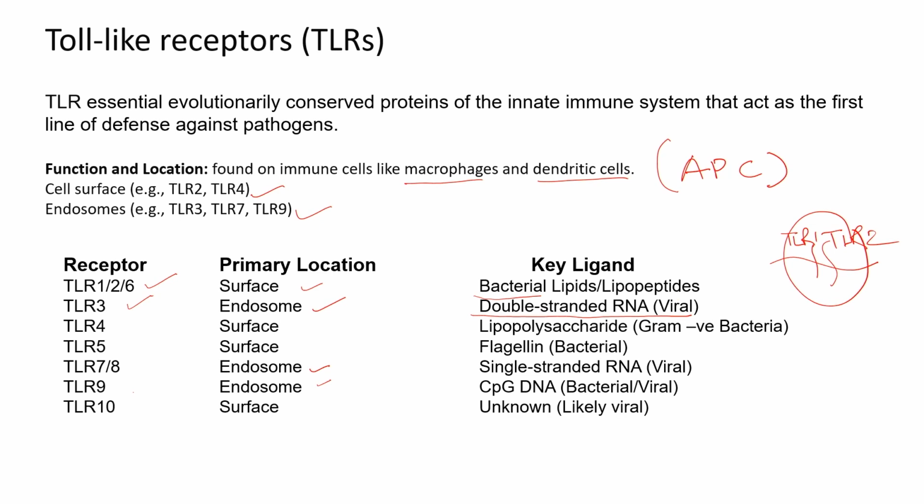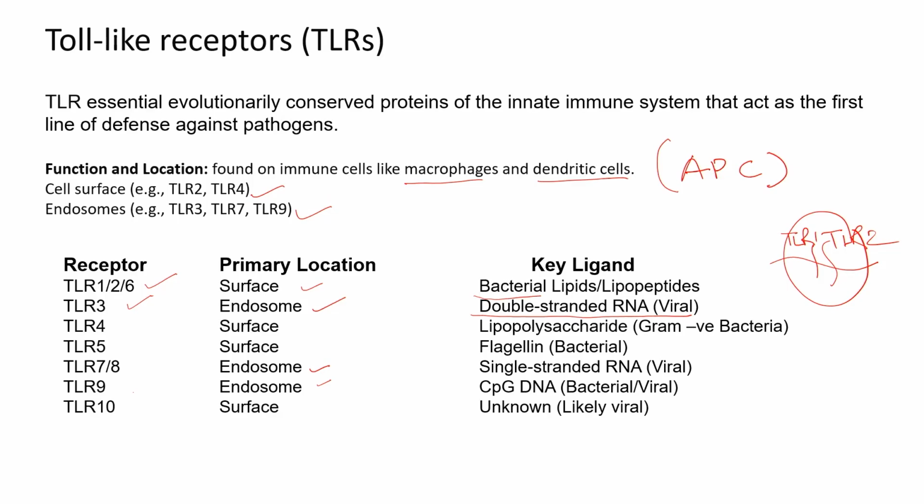We'll see what we mean by double-stranded RNA, because even though there are viruses which are single-stranded RNA in nature, once they go inside the host cell, they can make another complementary copy of the RNA in order to replicate successfully inside the host cell. So there is a constant presence of double-stranded RNA molecules in the cytoplasm, which can activate toll-like receptor 3 sensing.